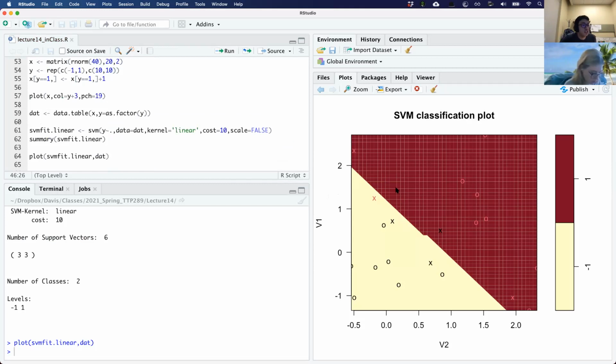And I can see my 6 support vectors. That's going to be 1, 2, 3, 4, 5, 6. And then it's got my data separated into your 2 classes. And so once you've drawn this line, I can then in the future make predictions about how to classify points that lie on either side of the boundary.